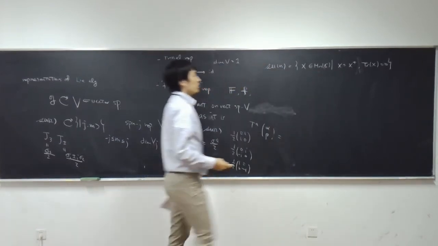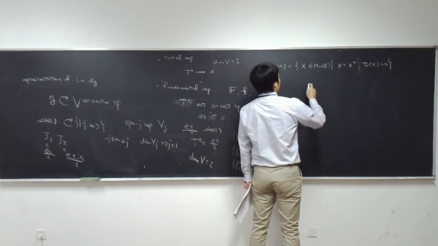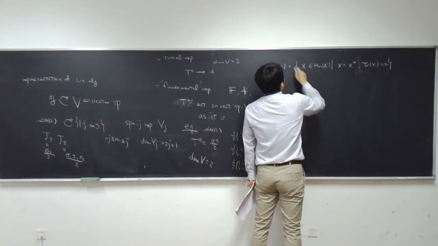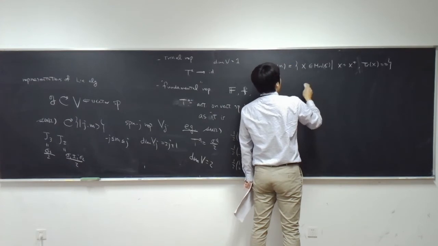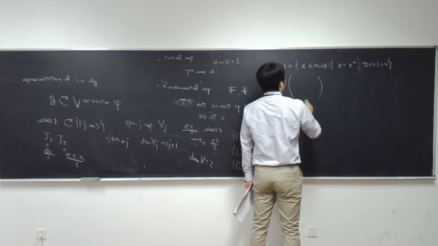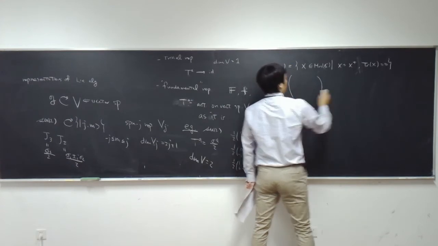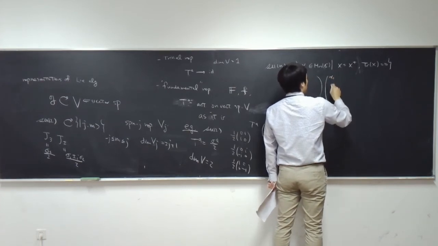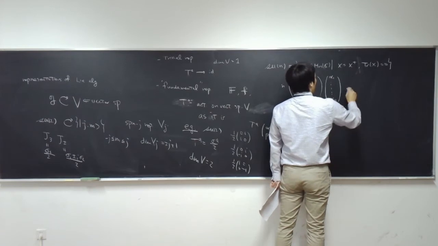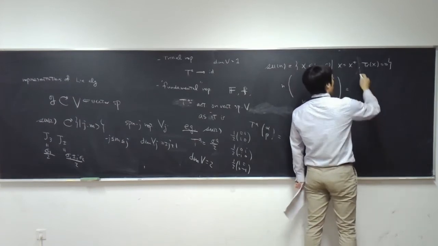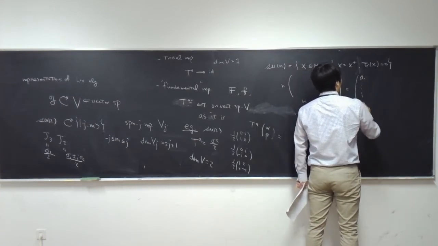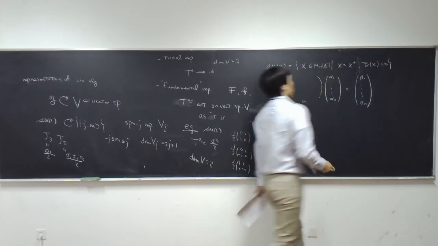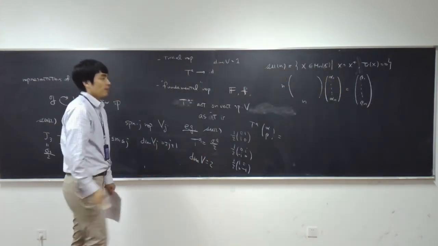So the fundamental representation is the n by n matrix, and the n by n matrix acts on an n-dimensional vector. So alpha 1 to alpha n, acted on, gives you another vector, beta 1 to beta n. So this is the action as a fundamental representation.